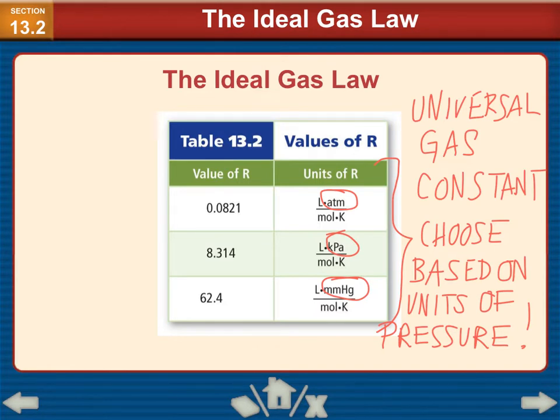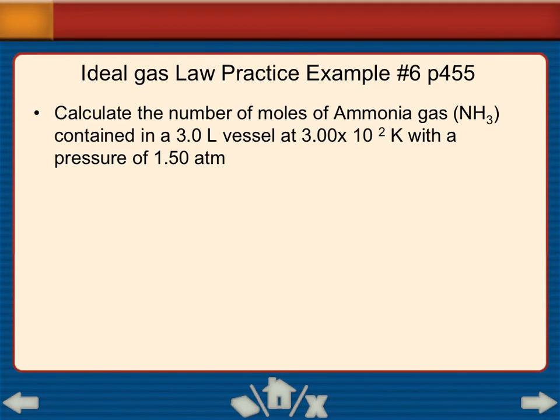So you see, it's very important to know what units your pressure value is in, so that you may select the correct value of R when using the ideal gas law. Now let's practice the ideal gas law.